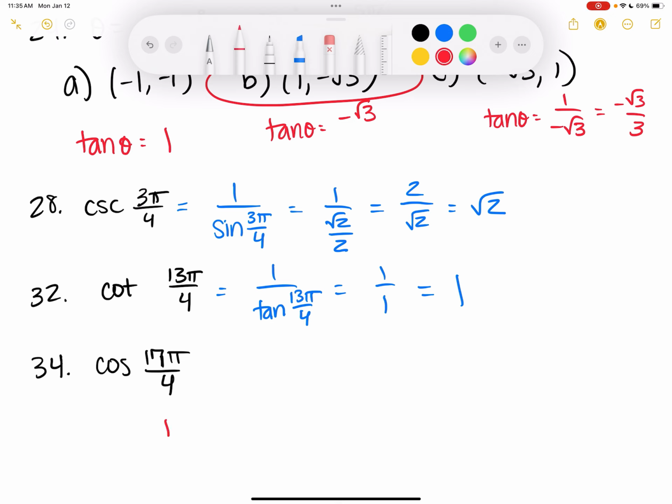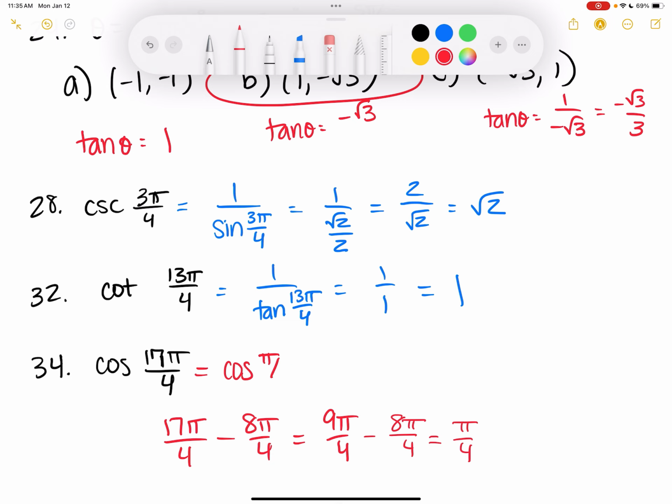So 17 pi over 4 minus 8 pi over 4 gives me 9 pi over 4. Now that's still not on the unit circle, technically. So I'm going to subtract another 8 pi over 4, and I get pi over 4. So that tells me this is the same thing as the cosine of pi over 4, which is root 2 over 2.